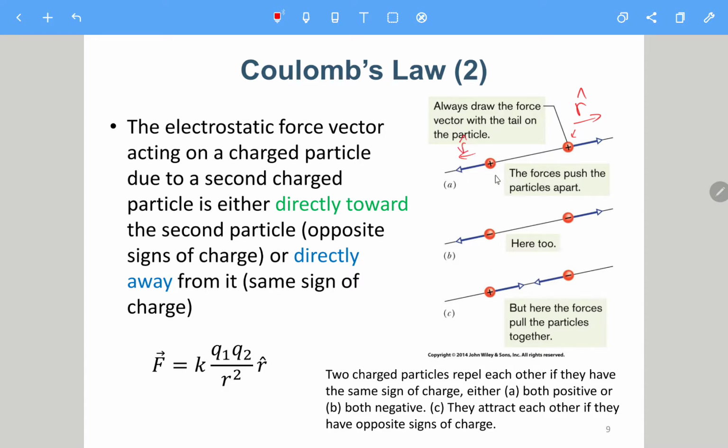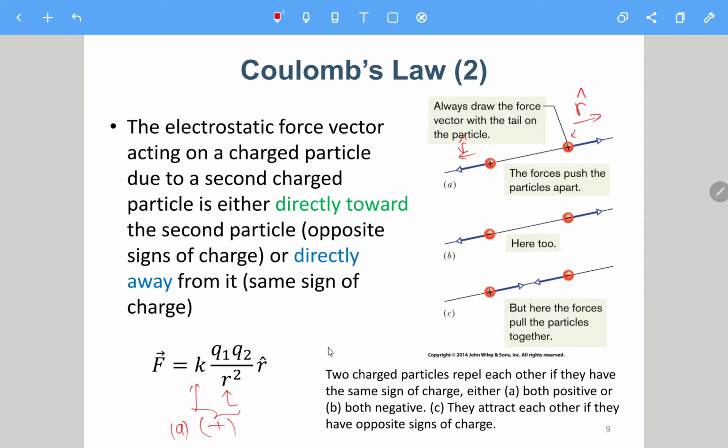So the first case is q1 and q2 are all positive. So here, k is positive, r squared is also positive, and if q1 and q2 are also positive, then the whole term will be positive.